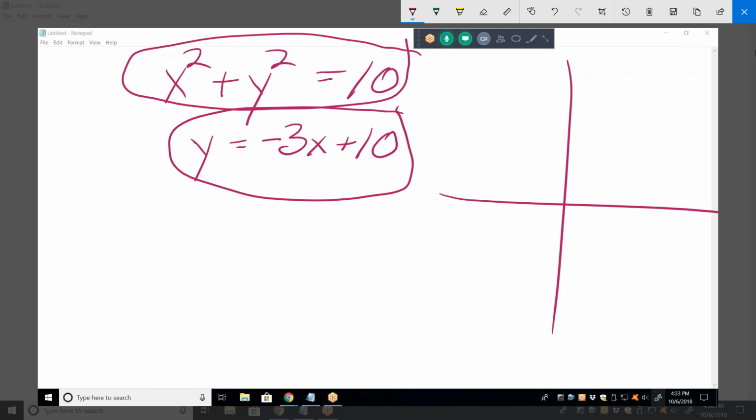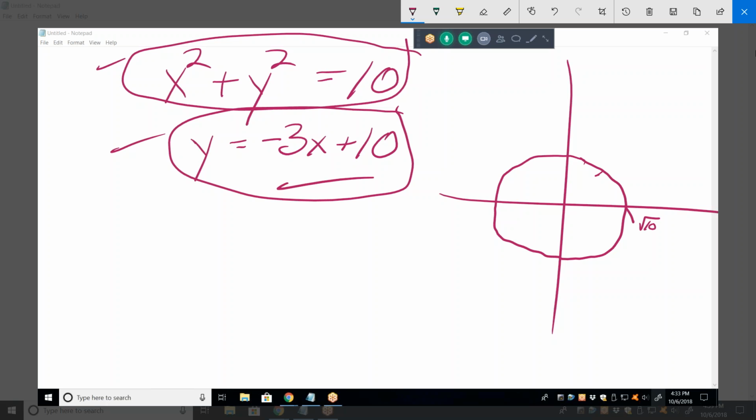In other words, I'm going to graph this as a straight line. I'm going to graph that as a circle. The circle is the square root of 10. It's a circle with the origin at the center, and this radius right here is square root of 10.